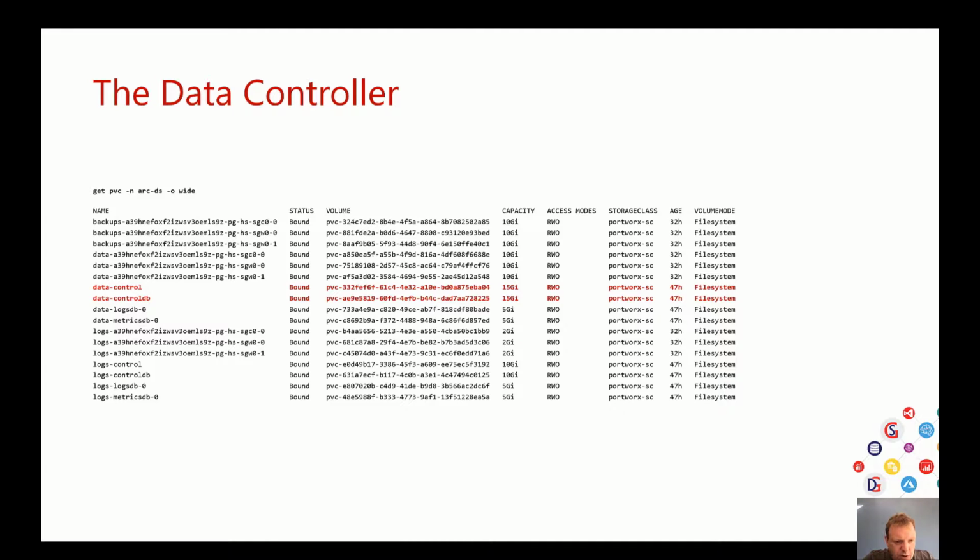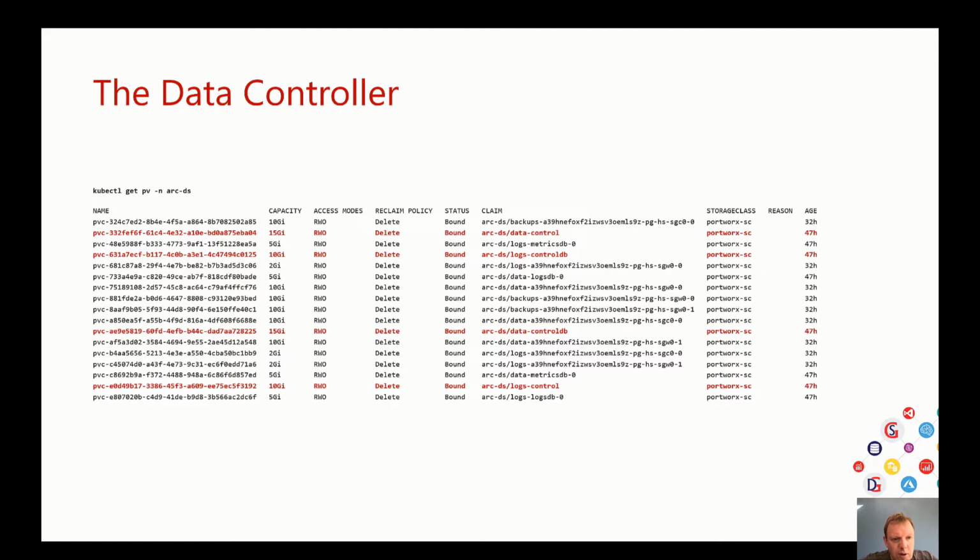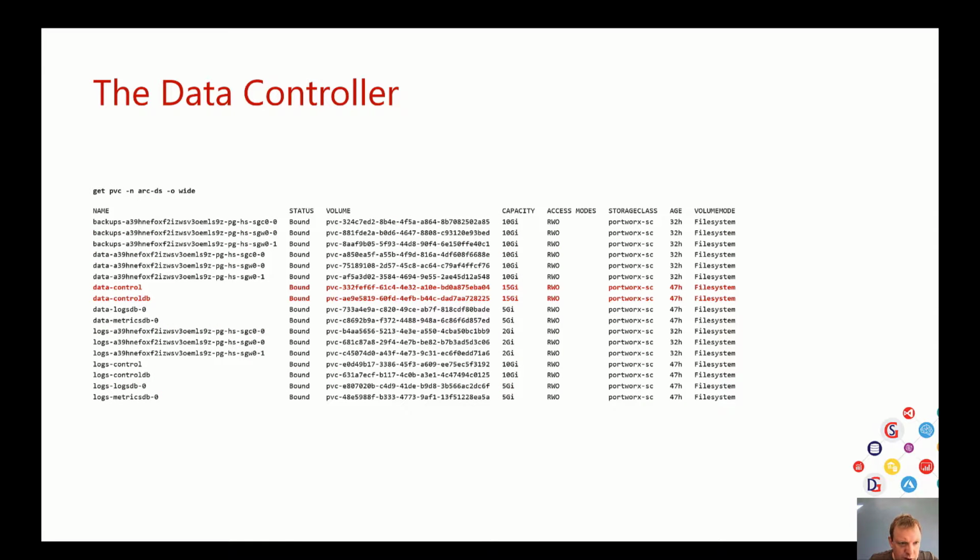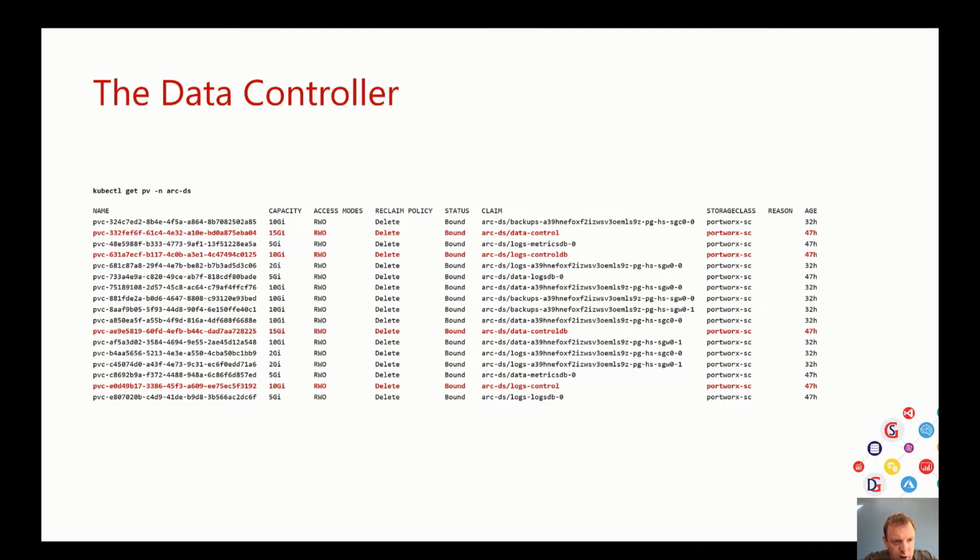So if you look at your data controller, two of the pods that it uses, it's got a controller database pod, and there's a control pod. They use persistent volume claims, and those in turn map to persistent volumes.